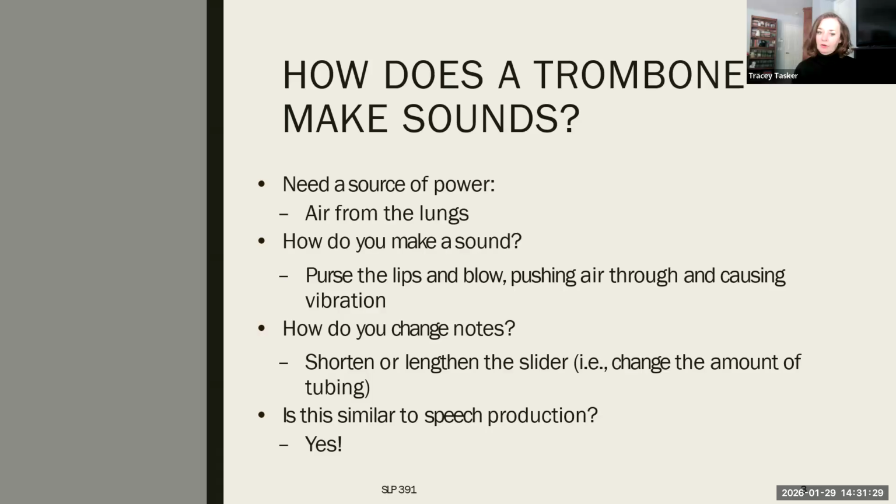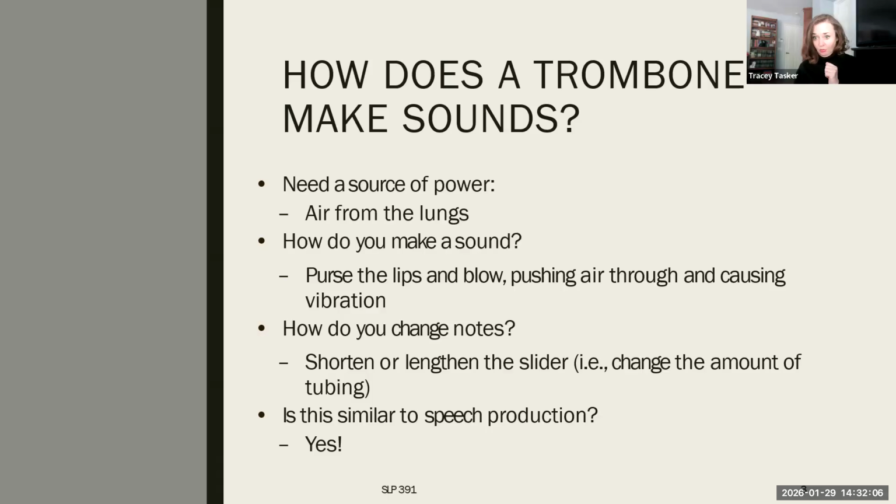So we need power. And on the vocal tract, power comes from our lungs. That's where breath comes from so that we make sounds. So, for example, if we're making the puh sound, we pucker our lips and we blow air, and that causes a sound. When we're saying vowels, if you put your hand on your vocal cords, it causes your vocal cords to vibrate. And when we make different sounds with a trombone and you're moving that slider, it changes in pitch, right?